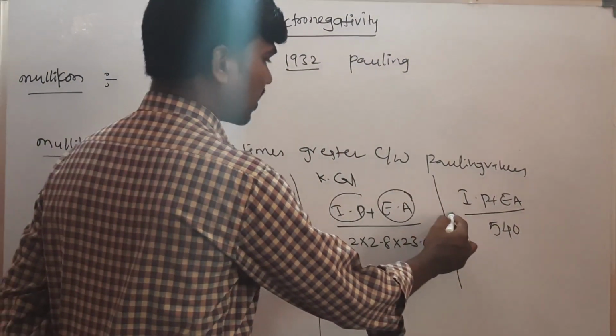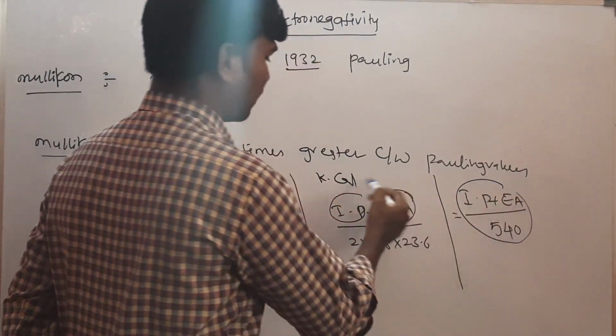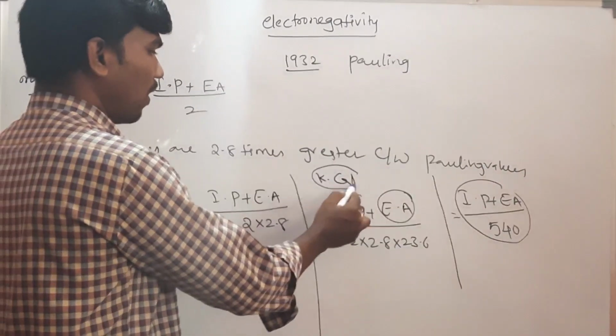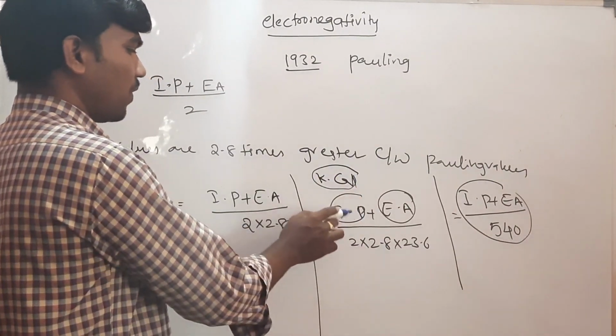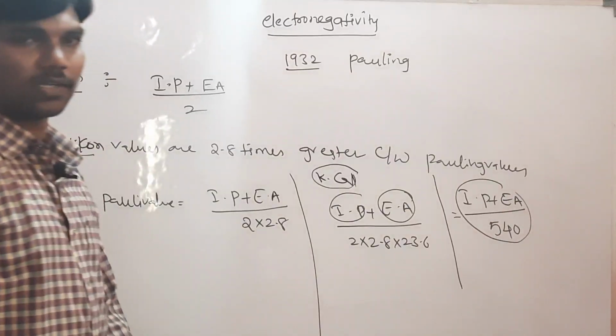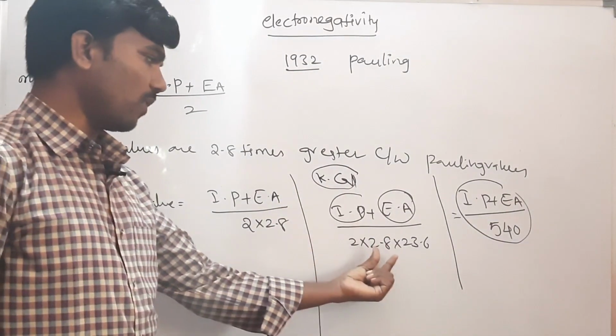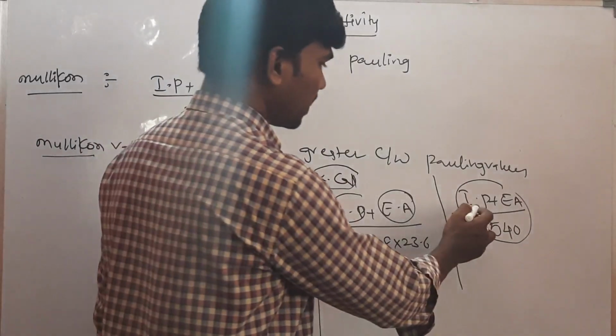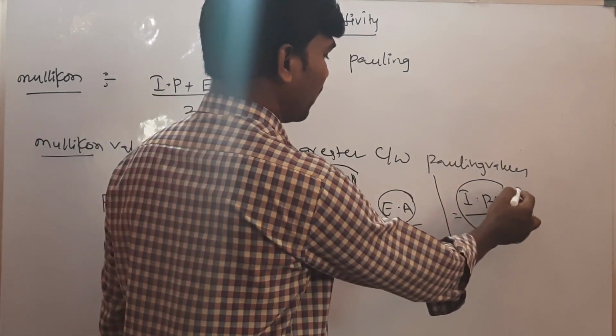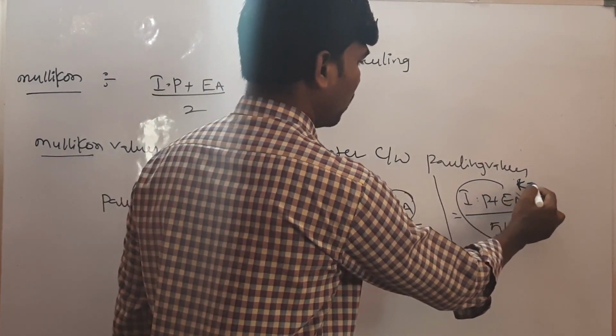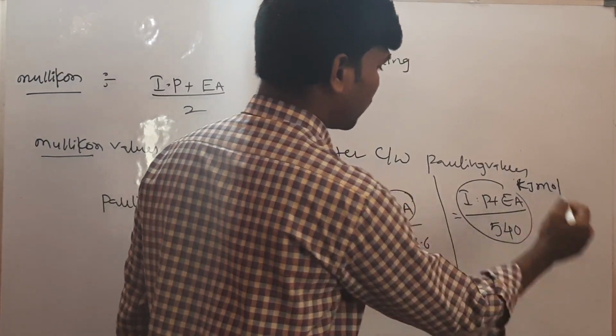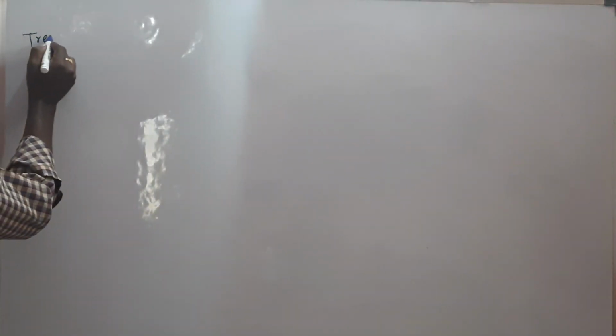So to calculate electronegativity we can use this formula as well as that formula, depending on the units.